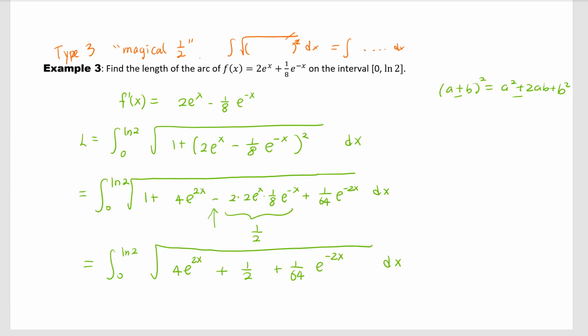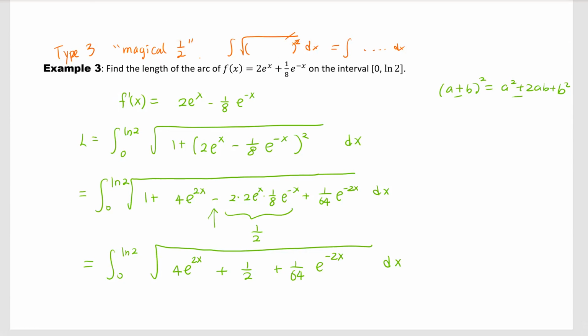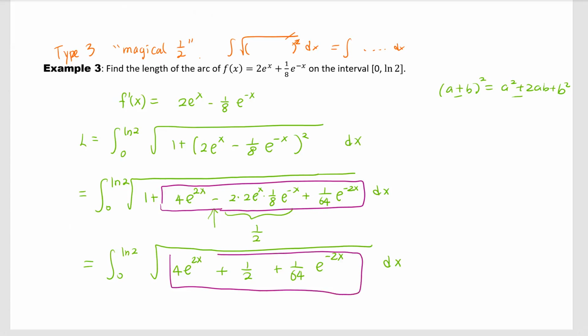Okay, now I want you to look at this integral more carefully. Look at these guys, and these guys. Remember the middle term is also 1/2, right? This guy is 1/2. Okay, what's the difference? Do you see the only difference is the middle term?